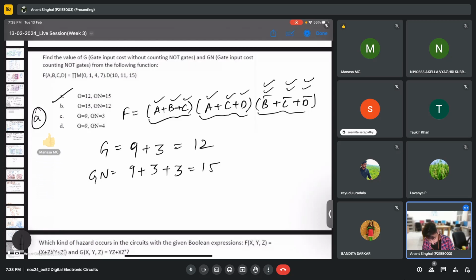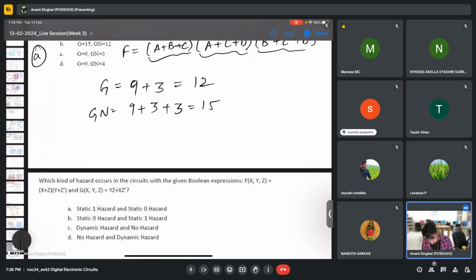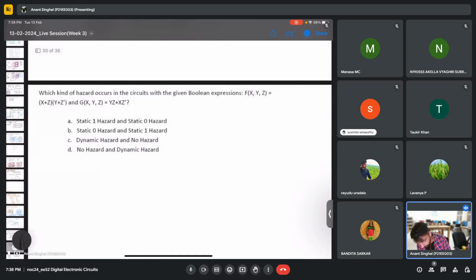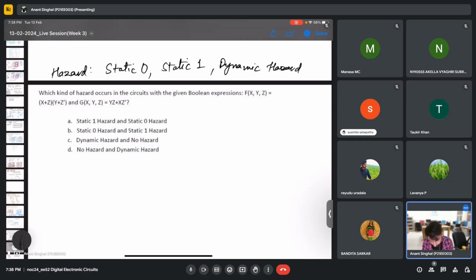Fine. So there is one more topic left to cover now, which is hazards. There are 3 types of hazards basically: one is static 0, one is static 1, and the third one is dynamic hazard. I'll let you know when each occurs.